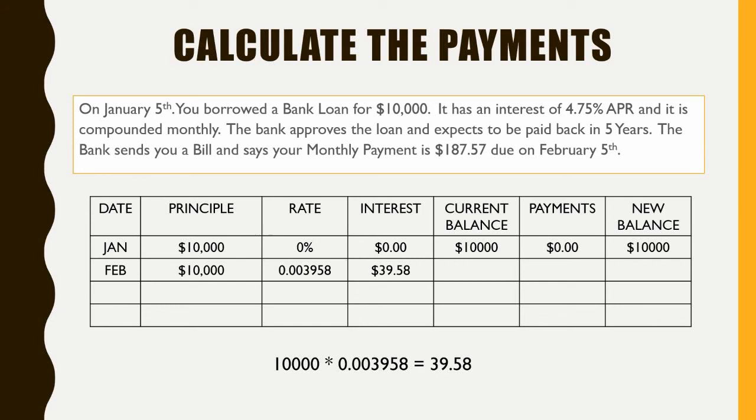Now, the 10,000 is not going to stay still because this is compound interest. This is where they get you. This is where they double interest you. So here I have 10,000, and I'm multiplying it by my rate of 0.003958, which is my annual percentage in terms of months, and I get a total of $39.58 worth of interest that is going to be tacked onto my bill.